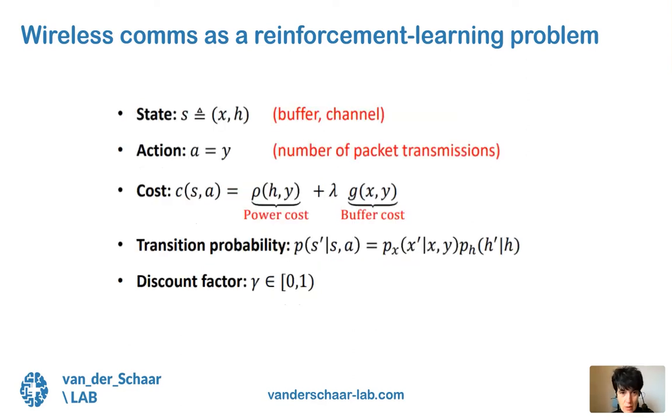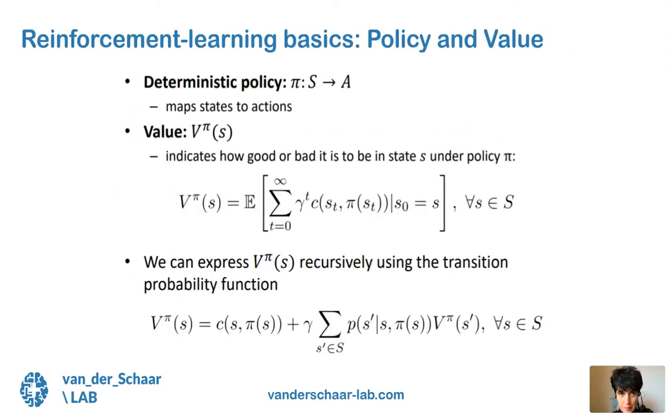So we have the states, we have the actions, we have this weighted cost, we have the transition probabilities, which are influenced by the current state as well as the action chosen, and as I mentioned before, the discount factor.